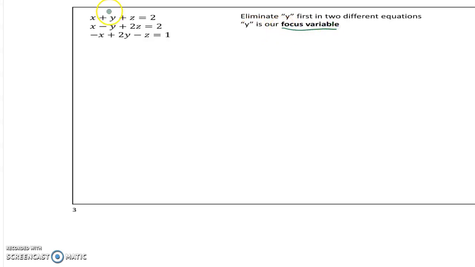If I'm looking at the y's, let's number the equations 1, 2, and 3. These are the equation numbers. If I just add 1 and 2 together, my y should cancel out. They have the same coefficient. One's a negative and one's a positive. So I'm just going to add equation 1 and 2 together.